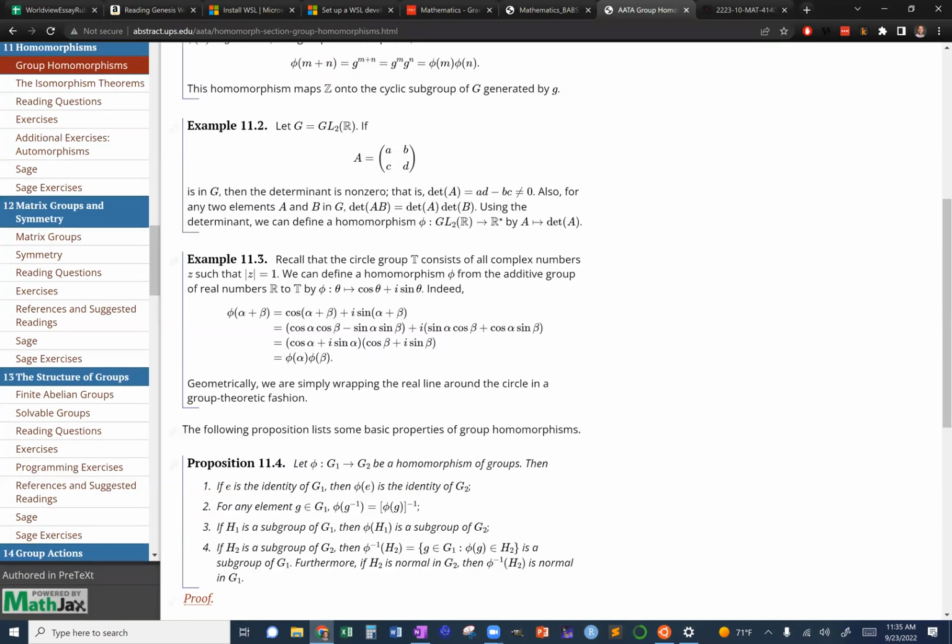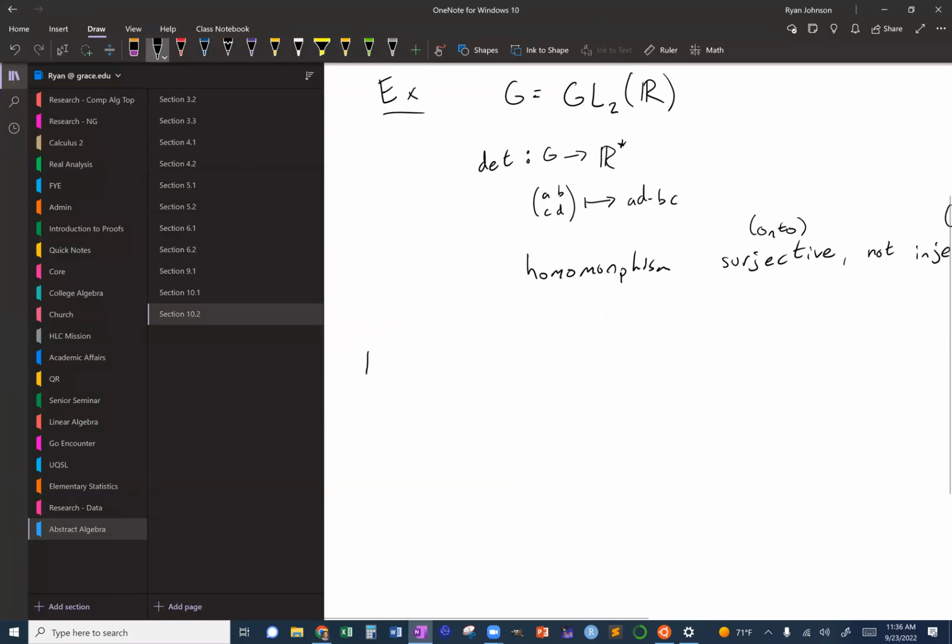Okay, the circle group. So we can send the real numbers with addition to the circle group, the fancy T, and this function is called cis, I believe. This is another function we've been dealing with already, but it turns out this function is a homomorphism.